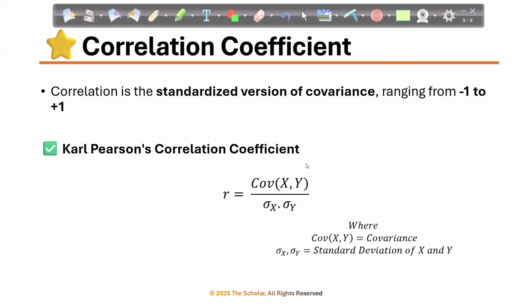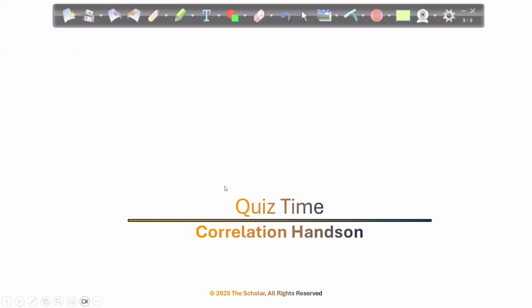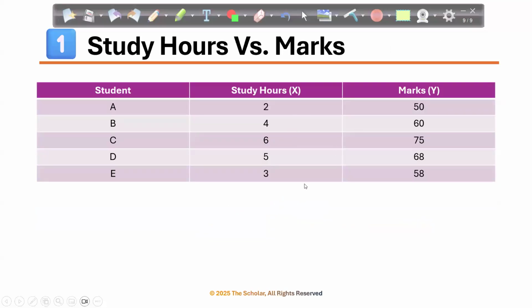Now let's get into this calculation. This is the formula we know, standard deviation into this. We'll take one example to calculate the covariance. Let's say this is my data set.